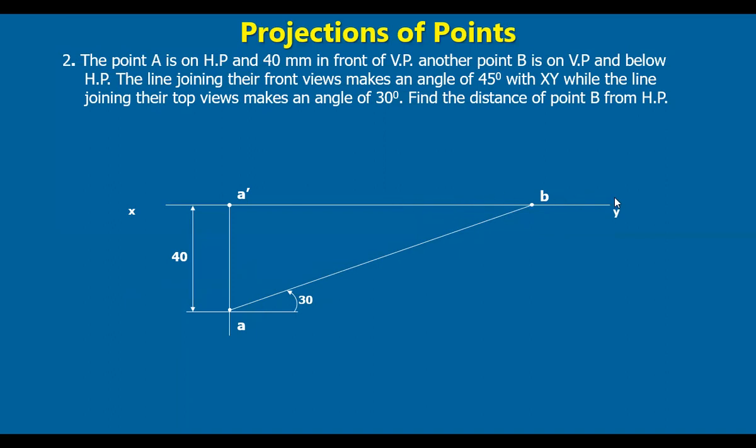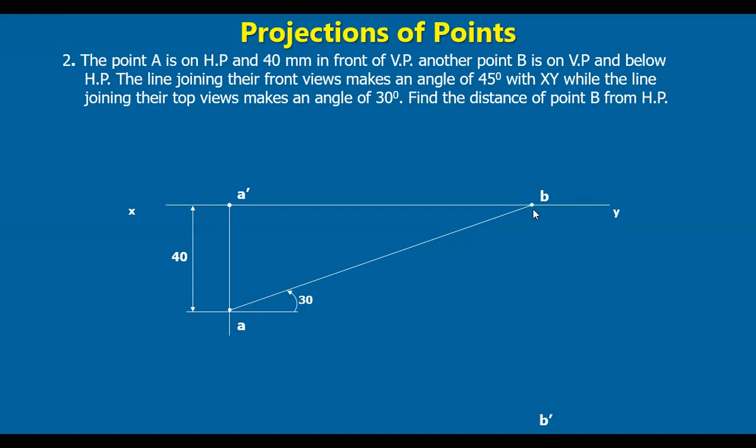And also we know that the top view of B must be lying on this reference line. So the intersection point here is nothing but the top view of B. And below HP, the point B is in VP, that is, top view is here. While it is below HP, that means the front view must be below the reference line.